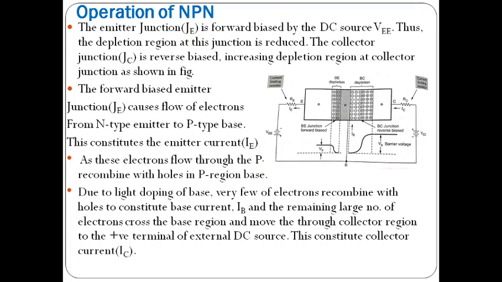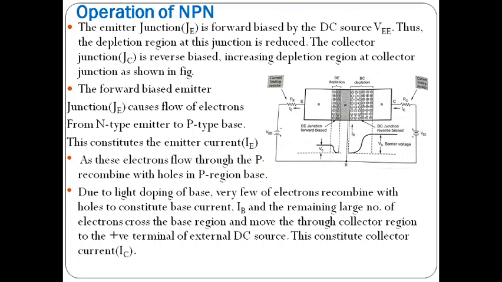The electrons are attracted towards the positive terminal of the battery. The current produced in the base region is the base current, IB. And they move through the collector region to the positive terminal of the external DC source. This current is called collector current, IC.